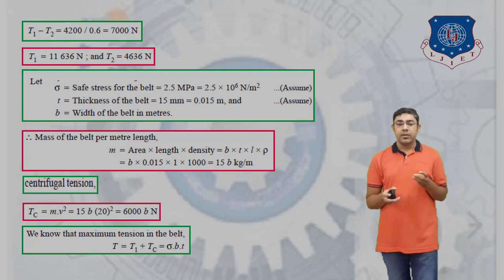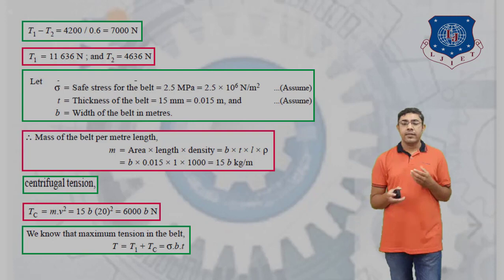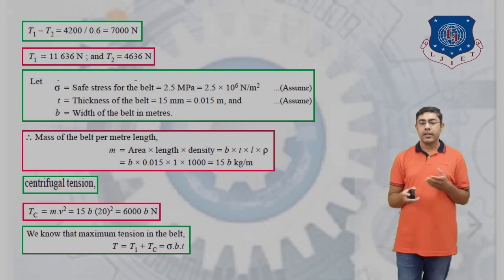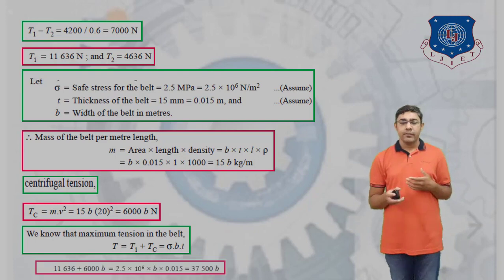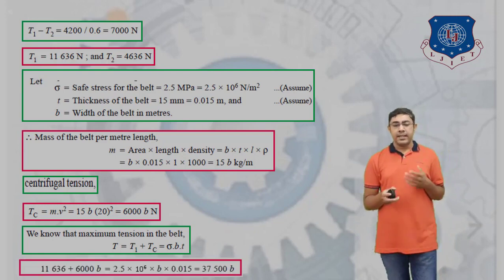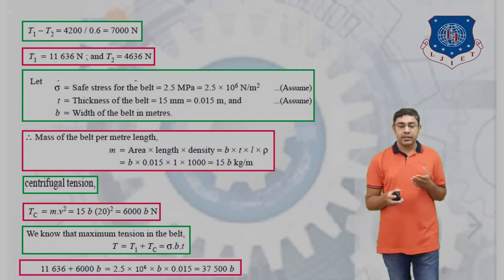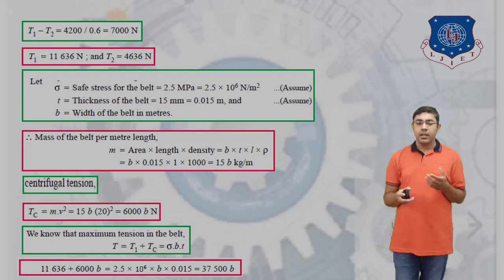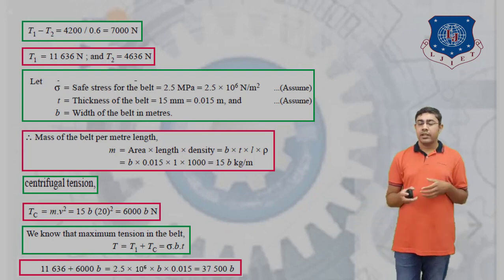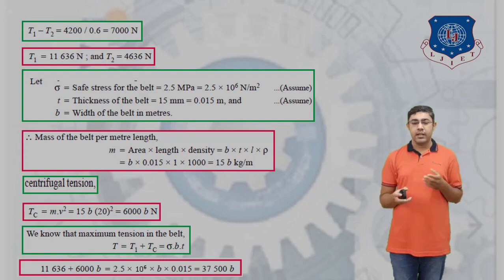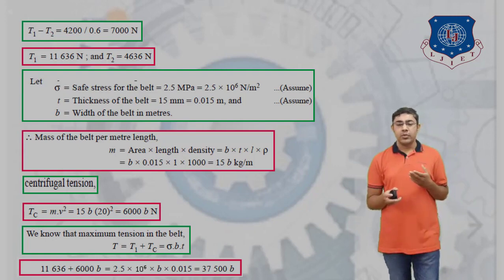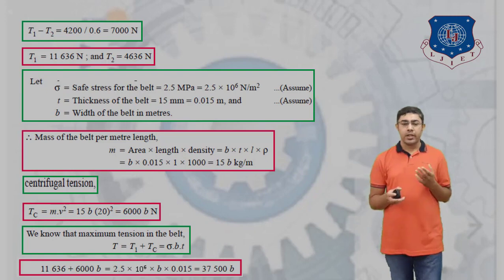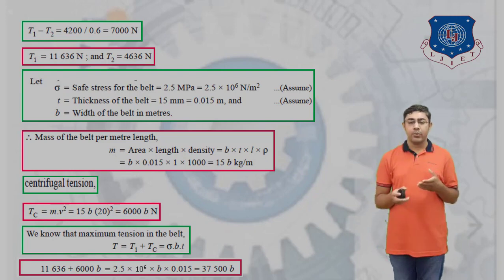Now we have the values of T1, Tc, sigma and also t, so we can calculate the value of b. If we place all these values, we get the equation: T1 is 11,636 plus Tc is 6,000 b, equal to sigma, 2.5 into 10 raised to 6, into b into t, which is 0.015.